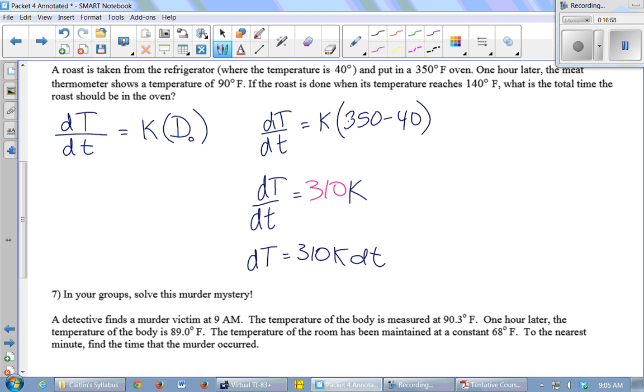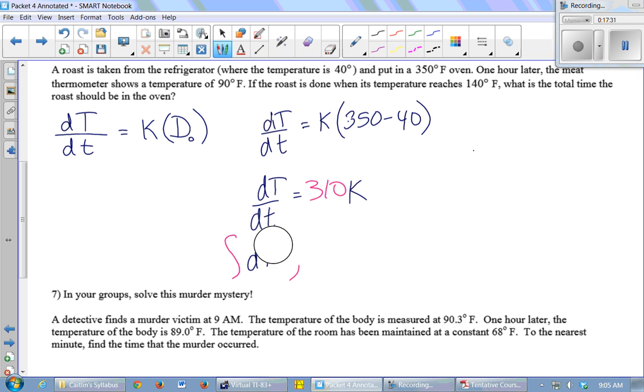All right, and then we integrate both sides. The antiderivative of dT is T. The antiderivative of 310K dt is 310Kt plus C. Sorry, I did this wrong.